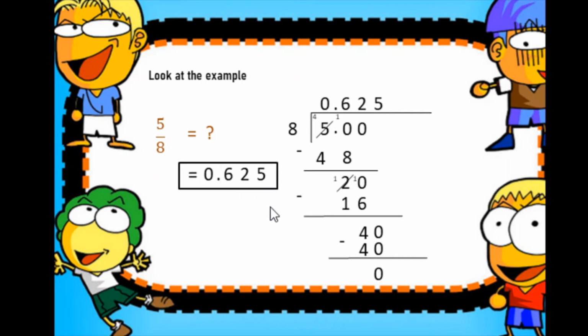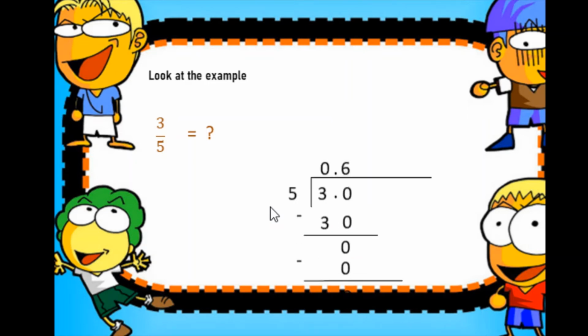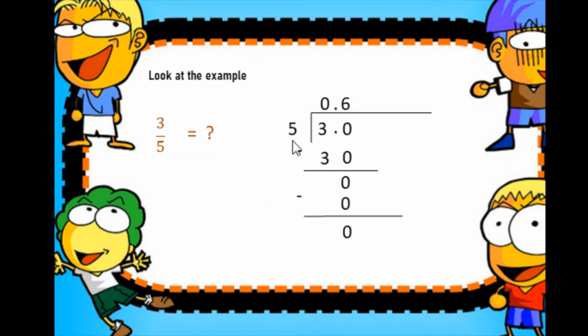0.625. Next, another example. Supposing 3/5 is changed to a decimal number. Same process as the first example. We divide 3 by 5. 3 divided by 5 cannot be, so add 0.